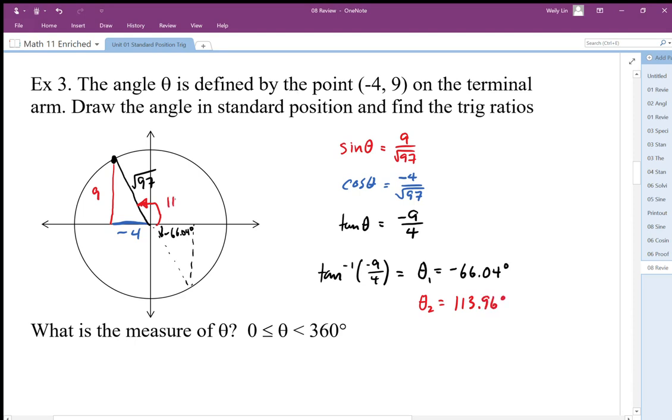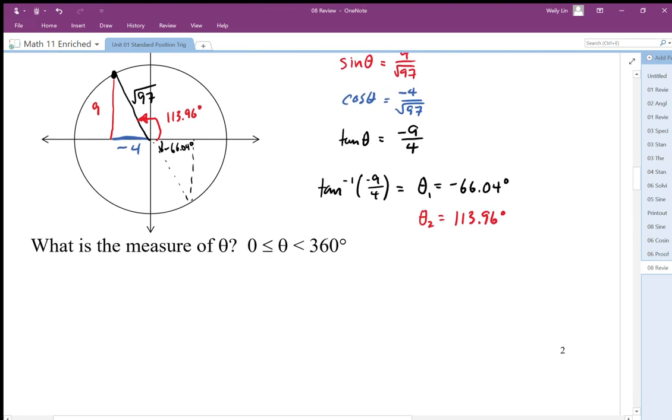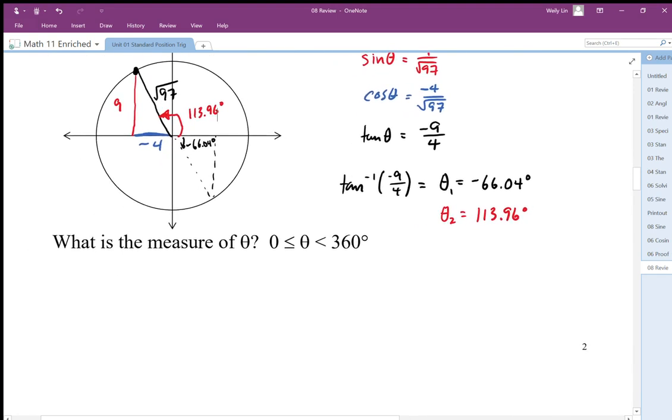So that's my standard position angle that locates that angle. That happens to be theta2, sometimes it's theta1, but that dot there is located with 113.96 degrees. 66.04 does not do it, or -66, because it's in the wrong spot. So again, the position is important.